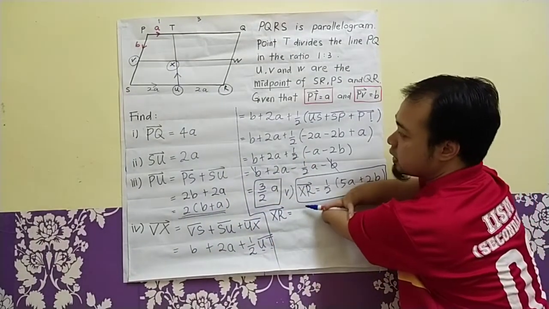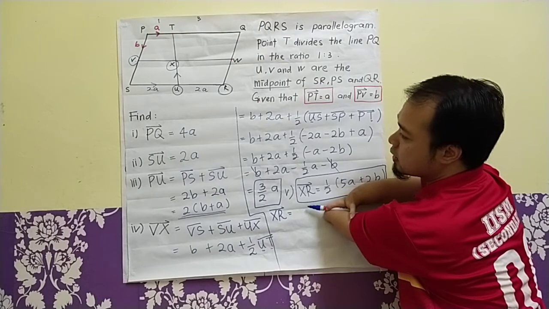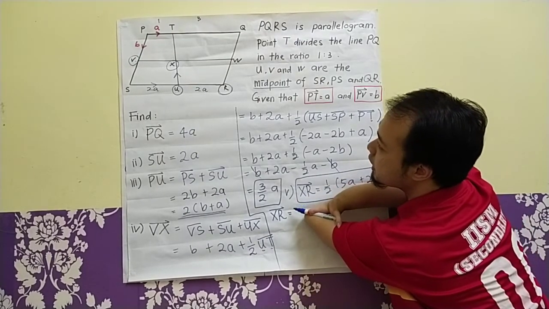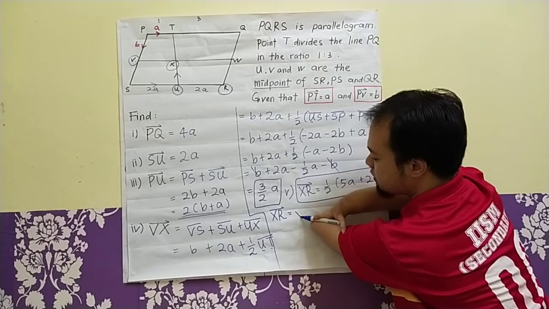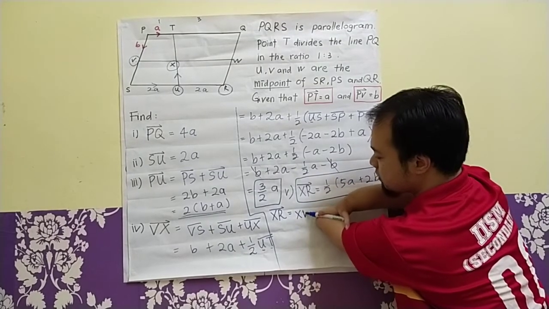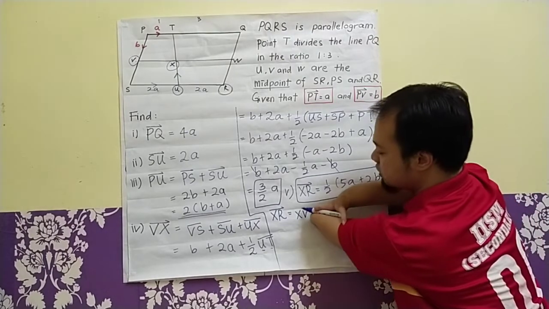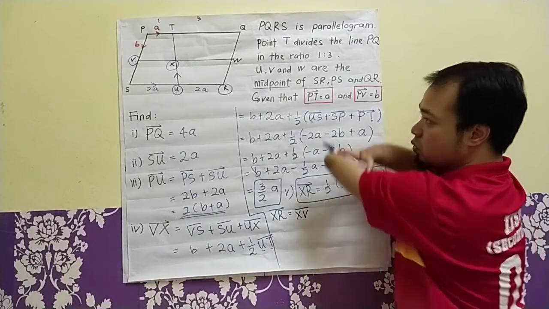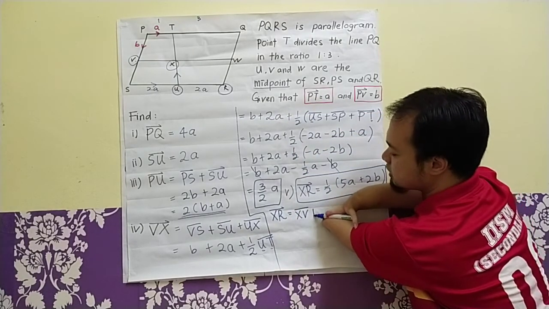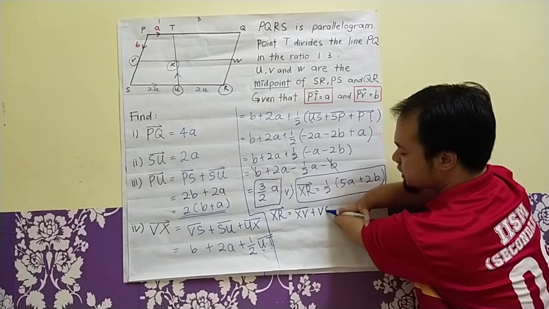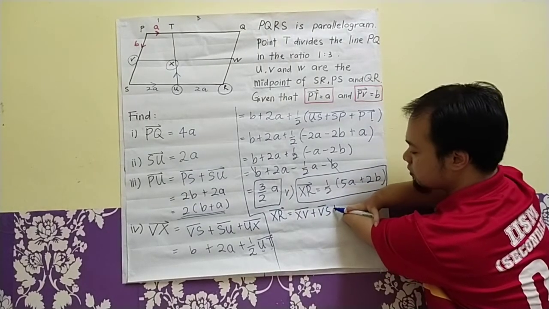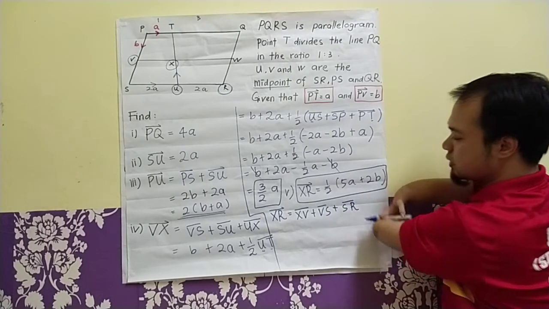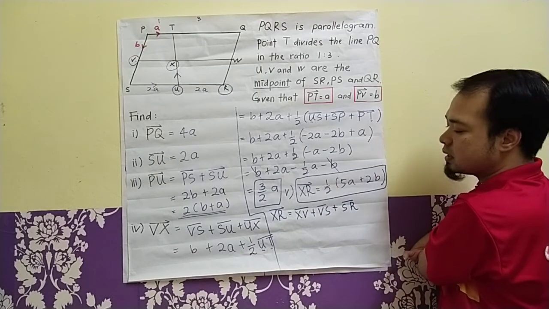So I will go from X to V. You can also go from XU, UR, no problem, but I want to go XV. So XV plus VS plus SR.